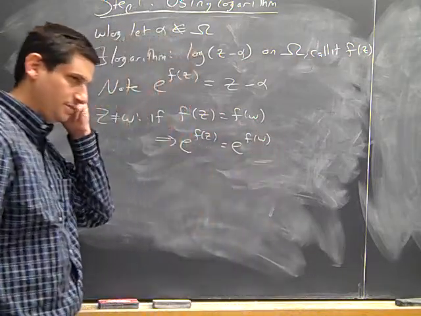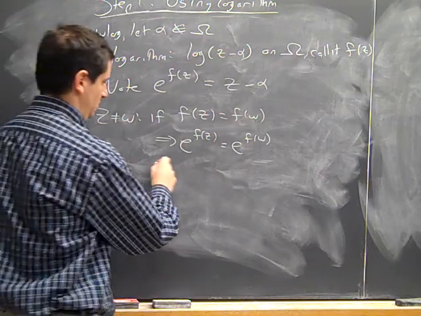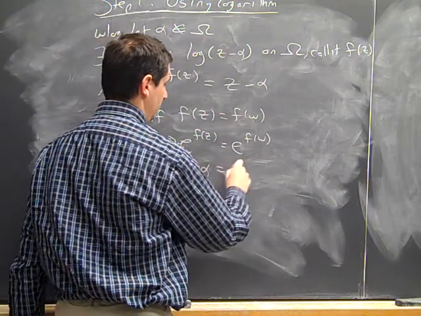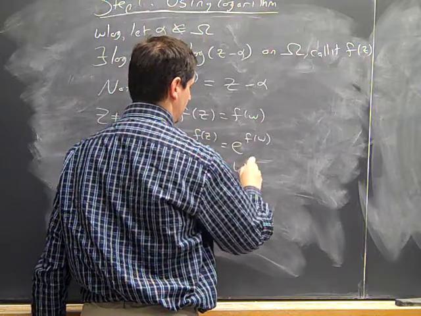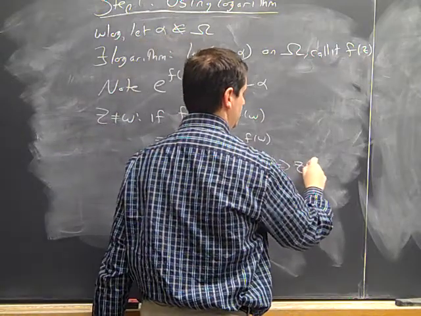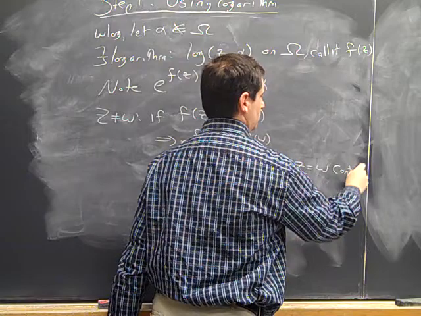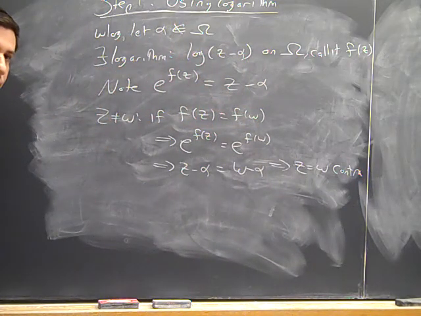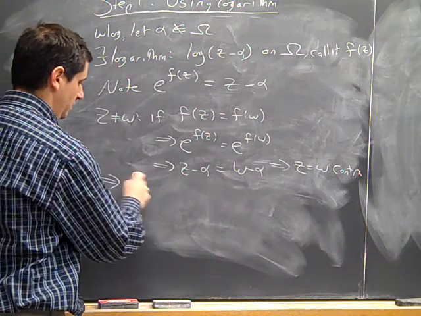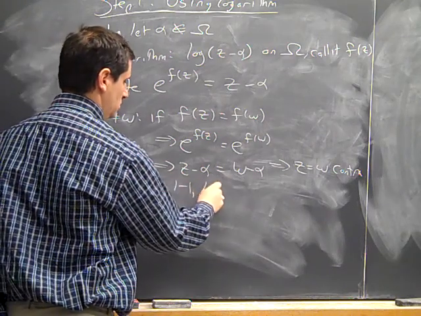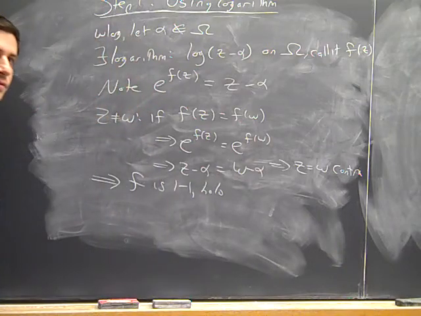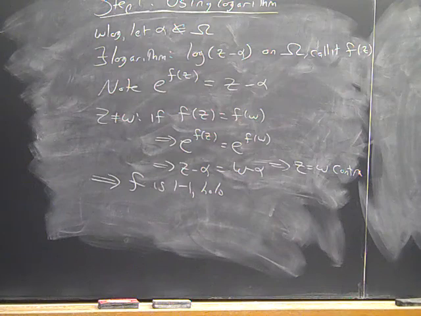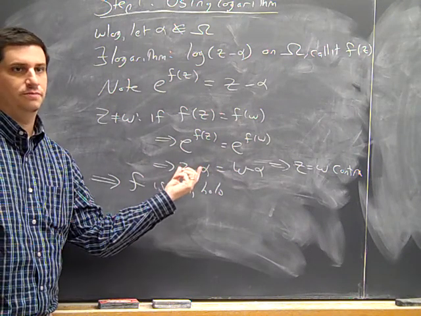But what's e to the f of z? So z minus alpha equals w minus alpha. So z equals w, contradiction. So we've just shown f is 1 to 1. Therefore, f is 1 to 1 holomorphic. Because if two different inputs went to the same output, contradiction.